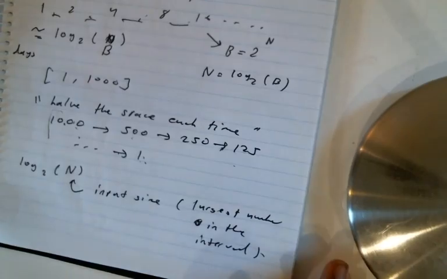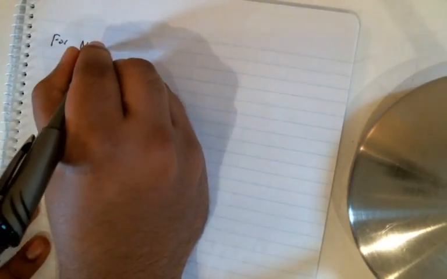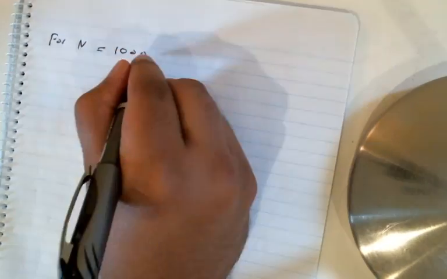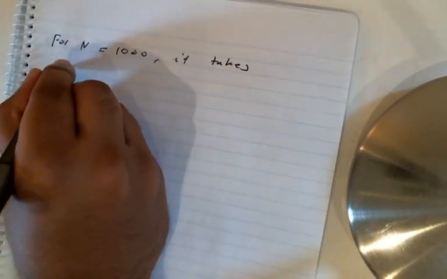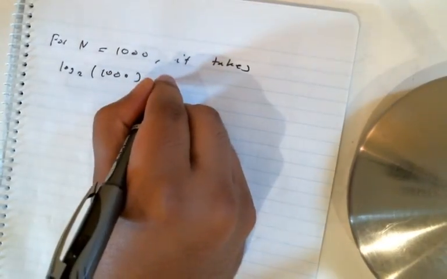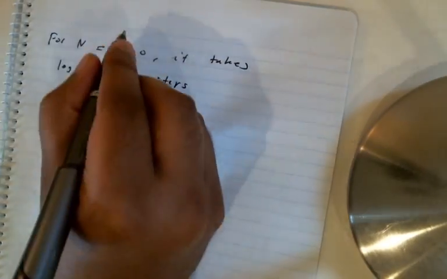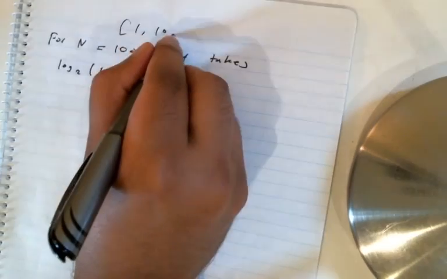So for example, for n equals 1,000, it takes log base 2 of 1,000 steps, right? So if we are just searching 1 to 1,000.